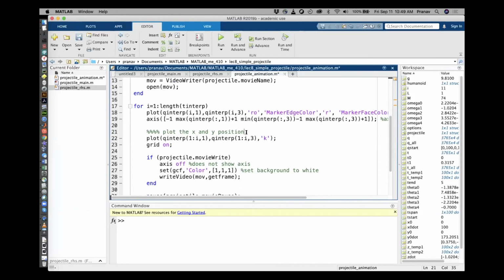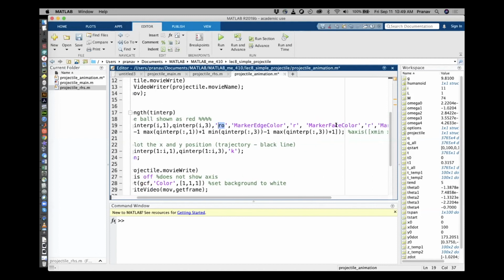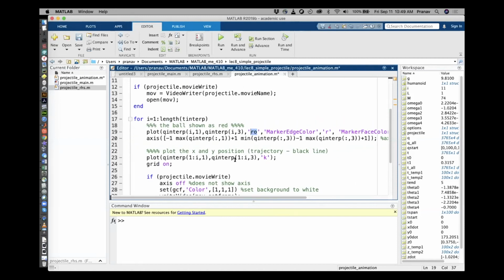So my bad, this is actually the trajectory, the black line which you saw. And then this part is actually the ball shown as red. So you can make that out easily if you look at this symbol. It says red with a circle. I have a color and a face color red. So that corresponds to the ball, and this black line K corresponds to the trajectory.